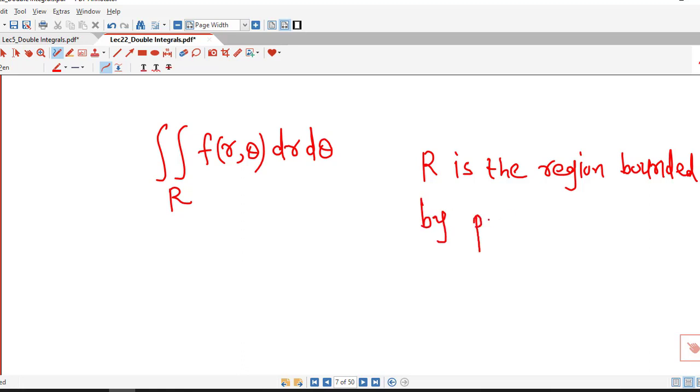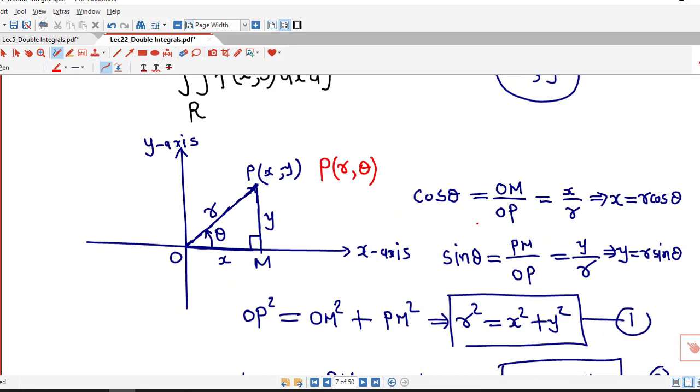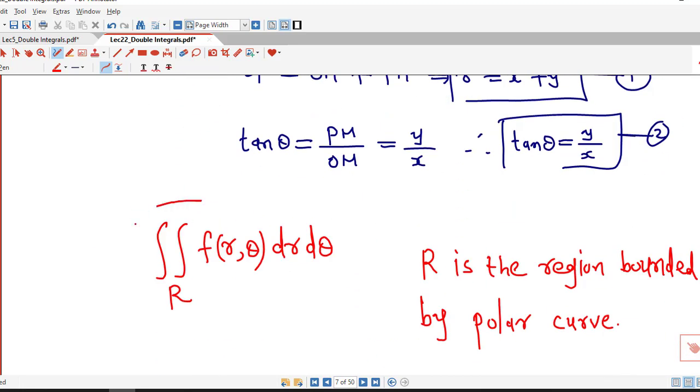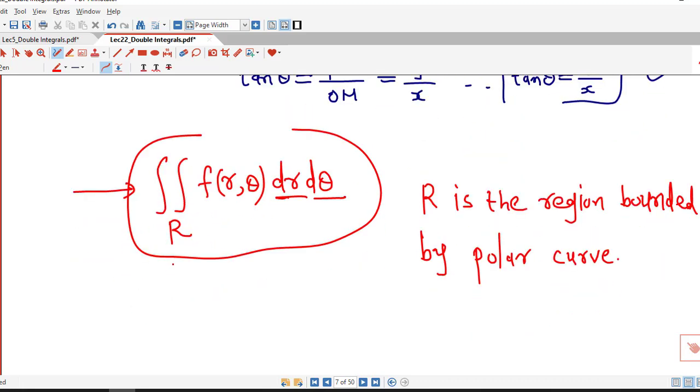Bounded by polar curves means the equation of the curve will be in terms of r and theta. So we are going to discuss how to evaluate double integrals in polar form, how to find the limits of r and theta, and then how to evaluate this double integral in polar coordinates. Before that we understand how to convert our given curve into a polar curve.